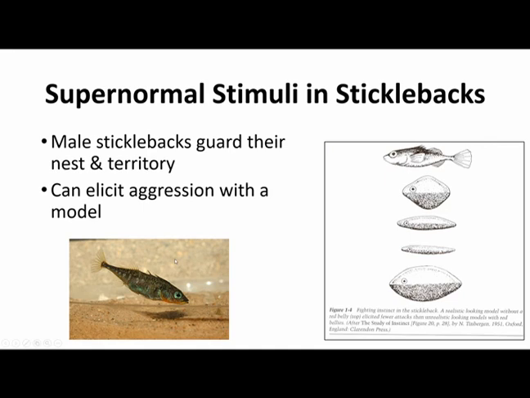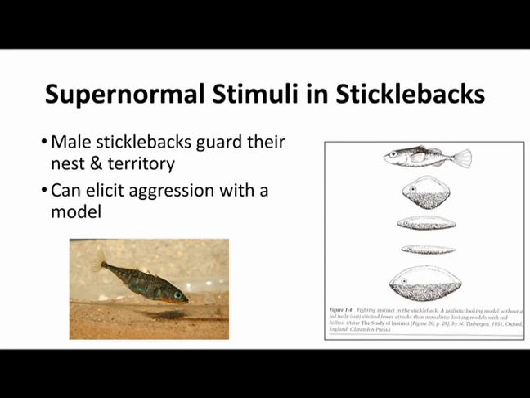And these guys are a great way to show us, again, that the most realistic model is not always the one that's going to elicit the largest response. So to get started, we need a little bit of background on sticklebacks. Sticklebacks are fish, and male sticklebacks tend to guard their nest and territory in a very aggressive way.